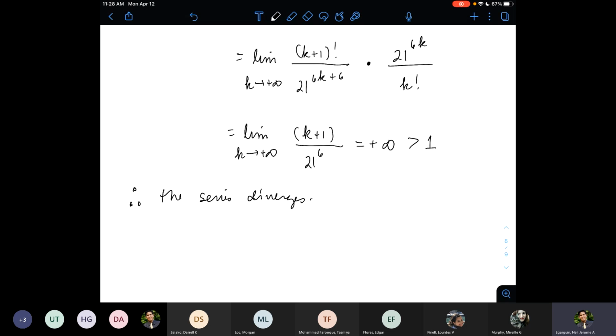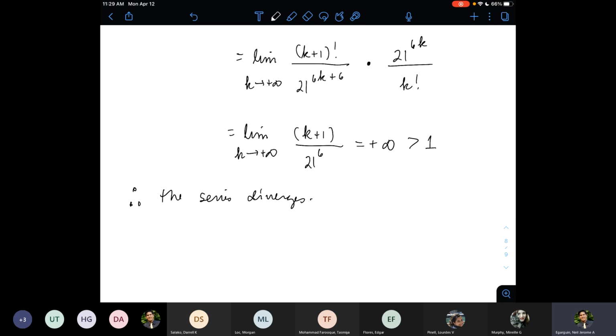This test will apply if the limit is infinite. The only exception to the ratio and root test is when the limit is equal to 1. If you get a number, a real number or a formal number like infinity, then the series will diverge.